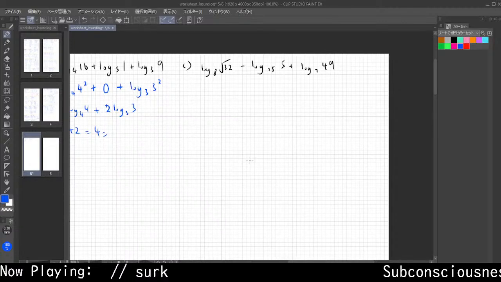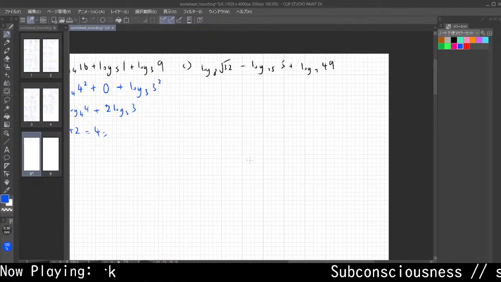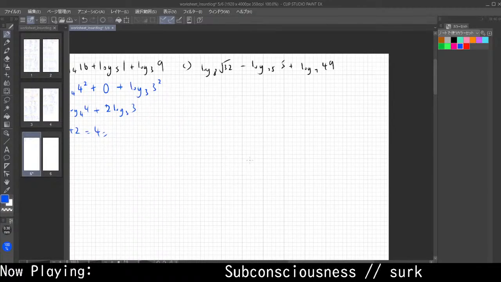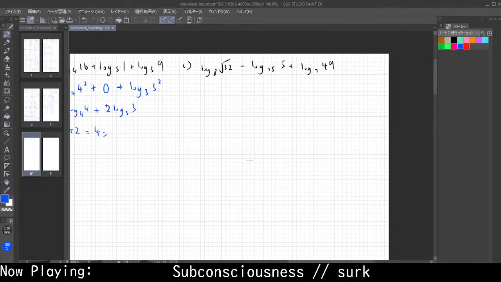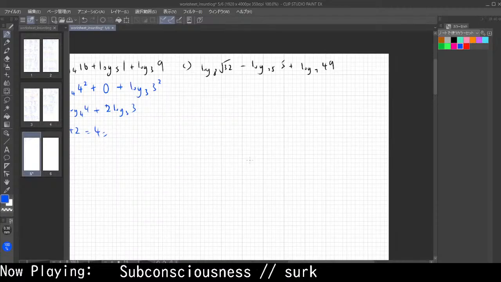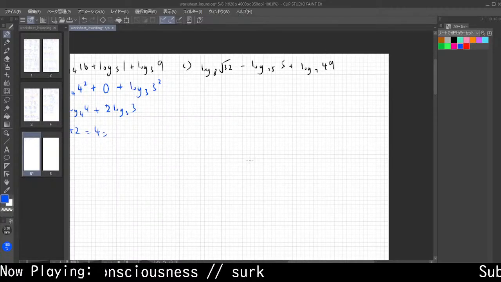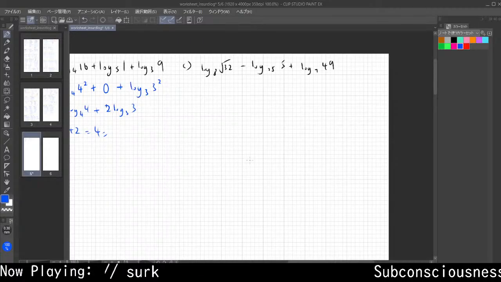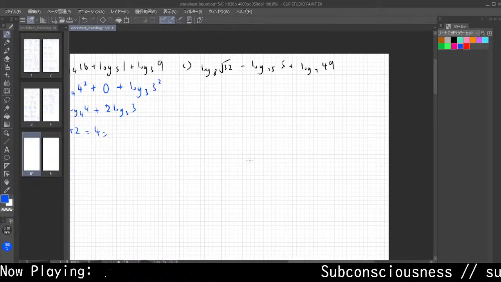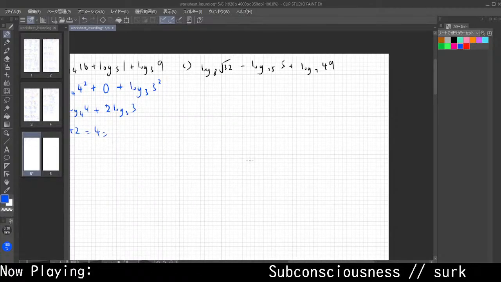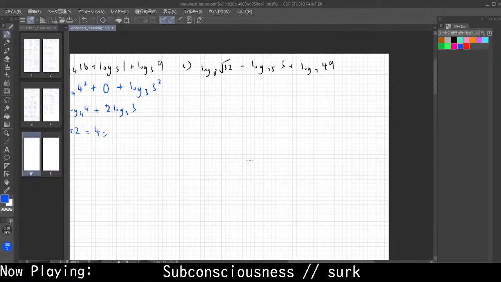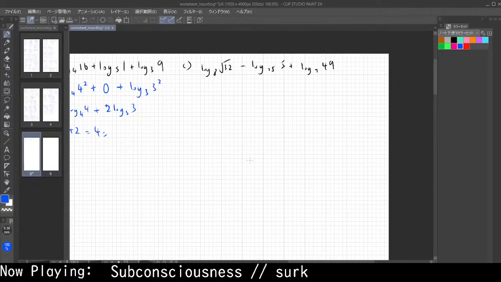Second thing, for log base 7 of 49, 49 is 7 squared, so I can just do it normally. But for log base 8 of square root 32, you can verify that 32 is not a power of 8, so you can't do anything about that. And then for 25 and 5, although 25 is 5 squared, it's at the bottom, so it's very hard to deal with it. So you can't do it normally.